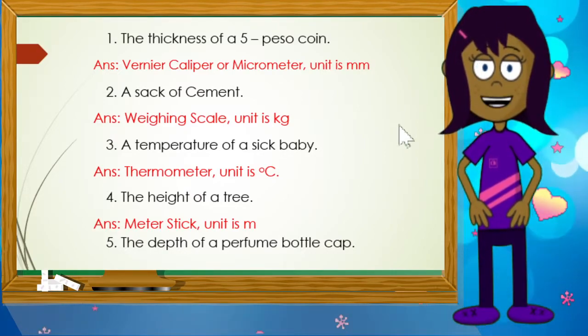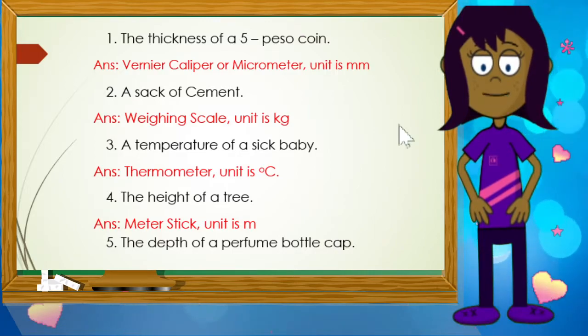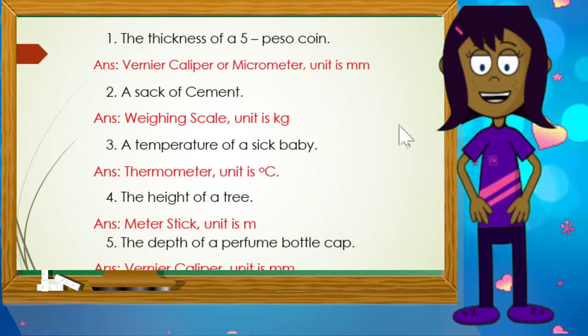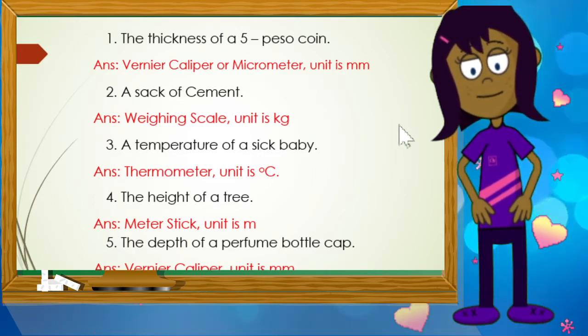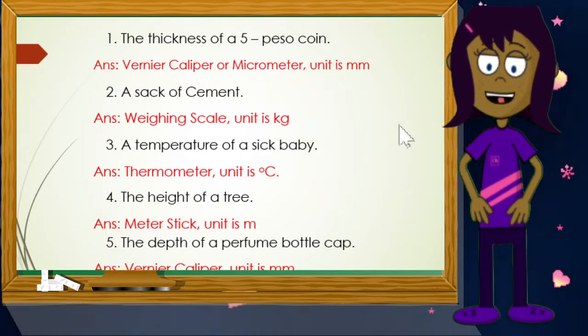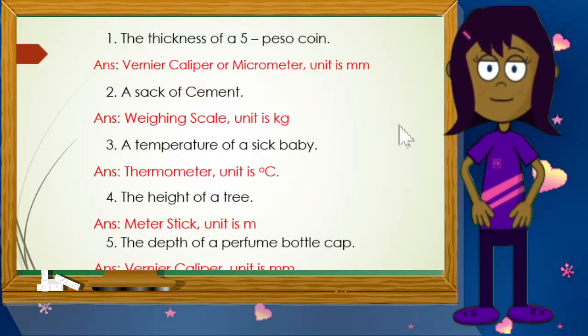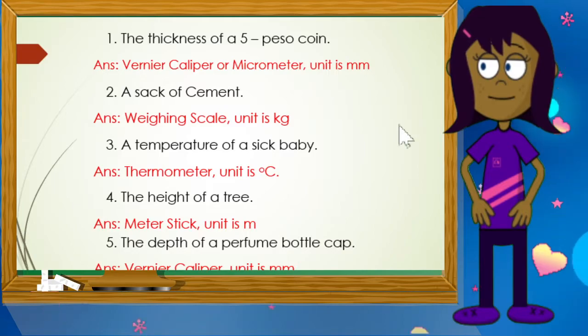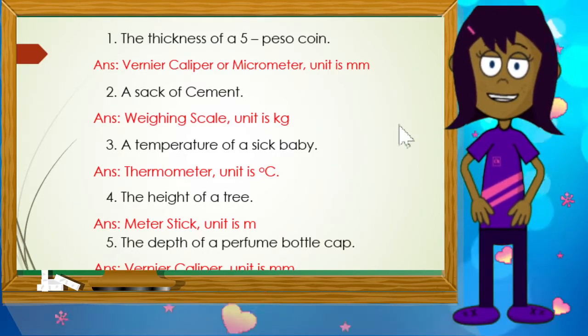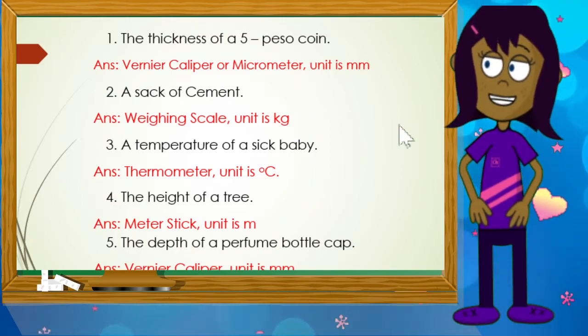Your answer should be a vernier caliper, and the unit is millimeter. Again, why vernier caliper? Because it is the instrument that can be used to measure the depth, the internal and the external parts of little things.